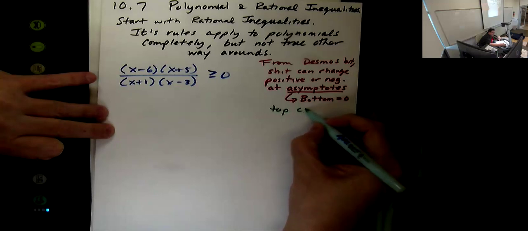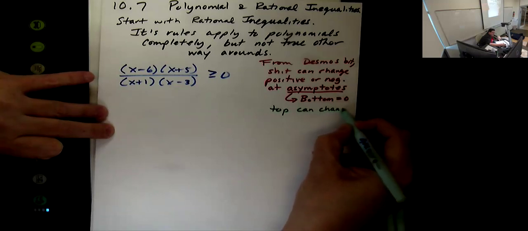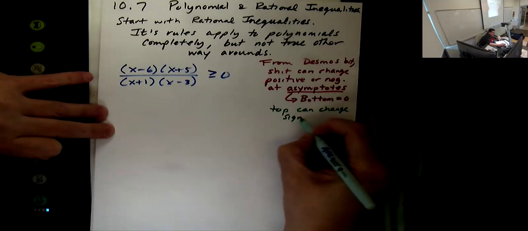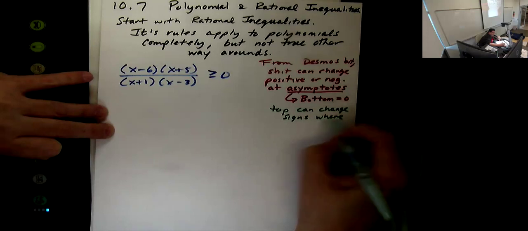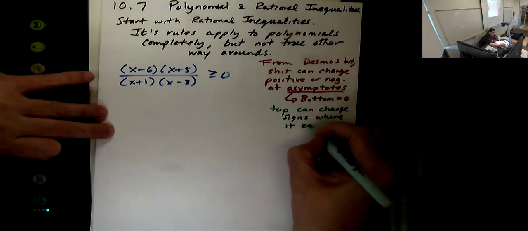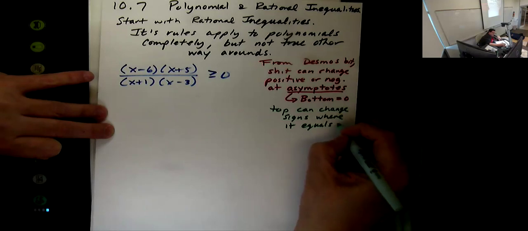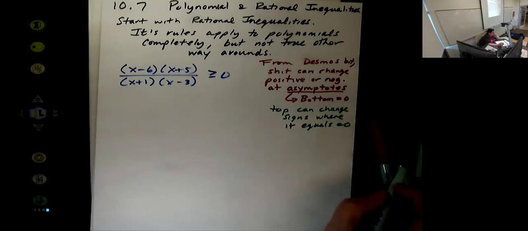Top can change signs where it equals 0. So all of these affect it.